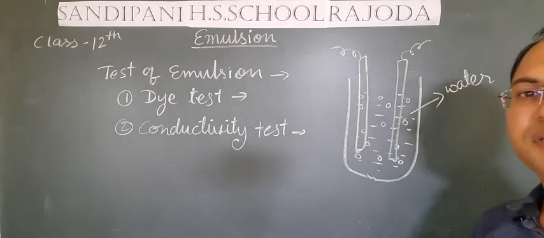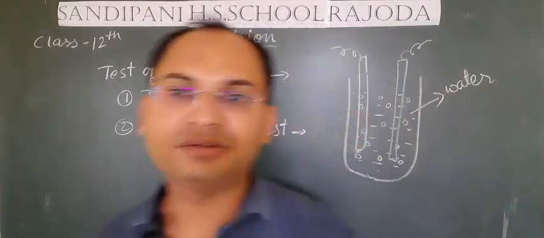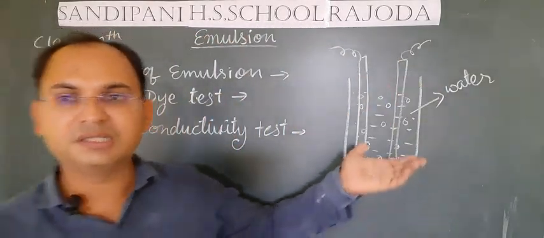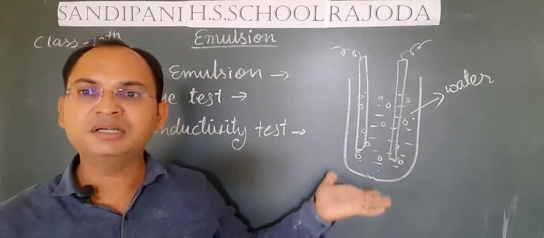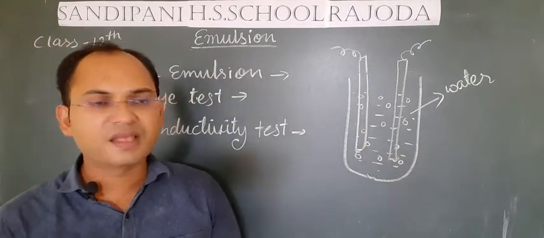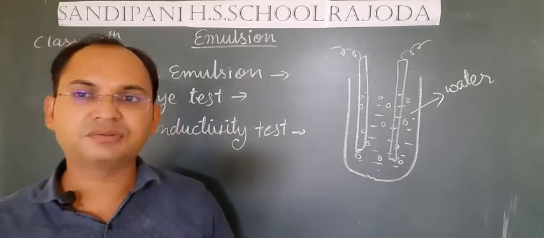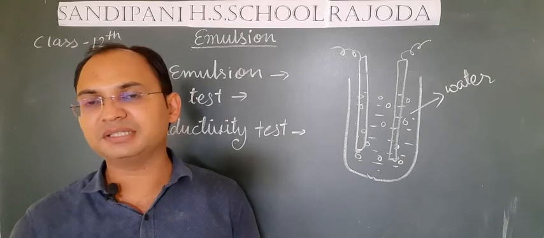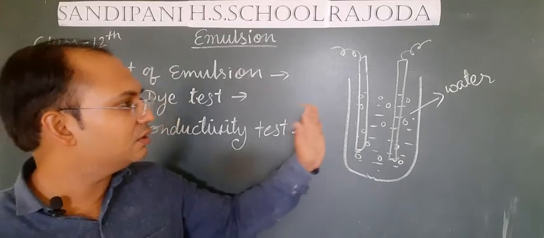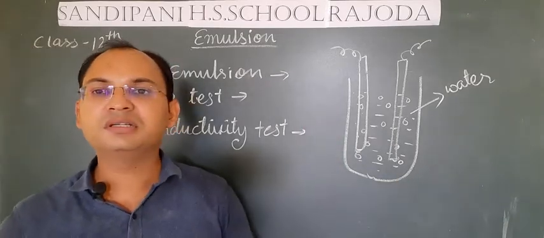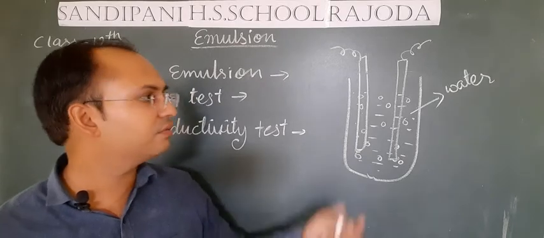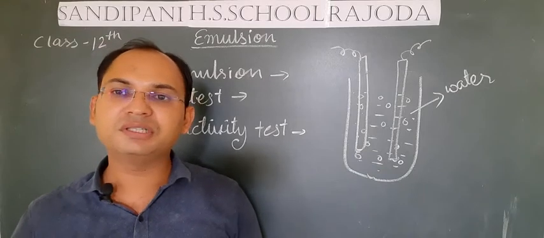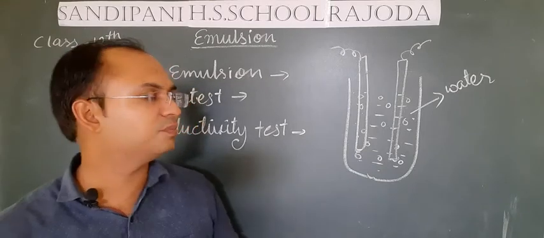So the type of emulsion is oil in water. Oil is dispersed in water and water is present in large quantity. That is why the electrolyte gets dissolved in it and increases the conductivity of the solution. But just opposite to it, when there is no significant change in the conductance of the solution, then we assume that the electrolyte is not soluble in fat, as the fat was present in the form of the dispersion medium, and dissolution of the electrolyte doesn't take place in it.